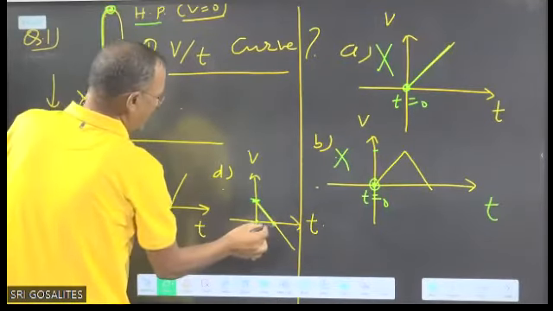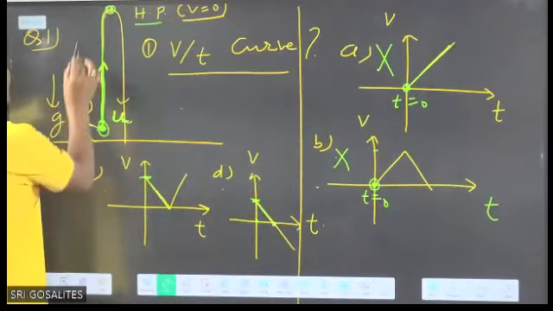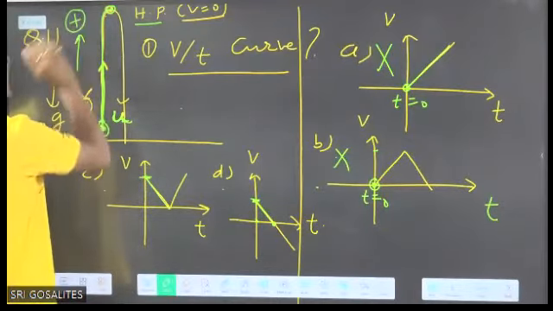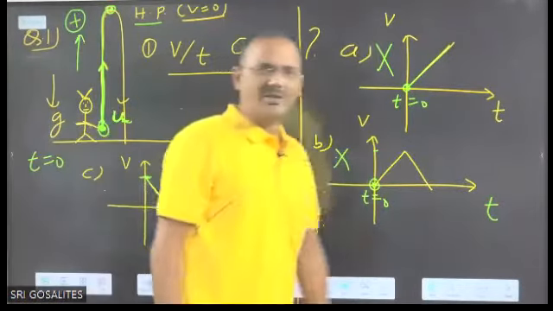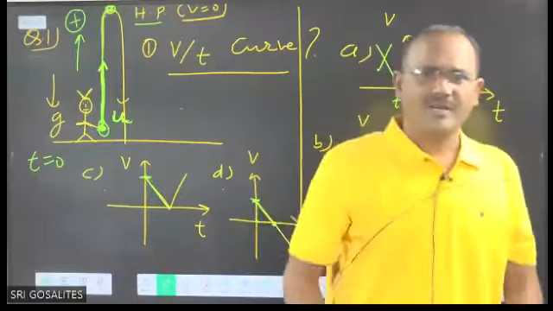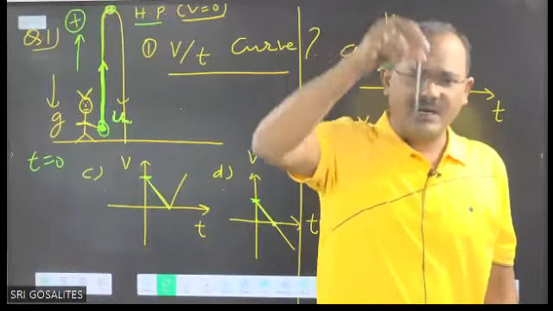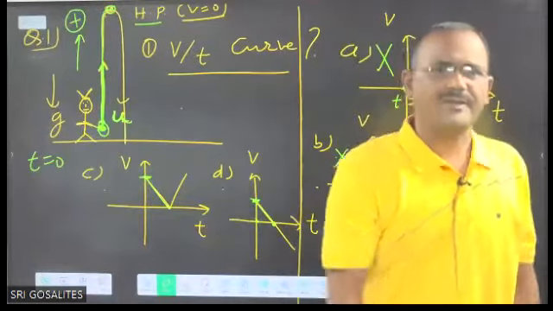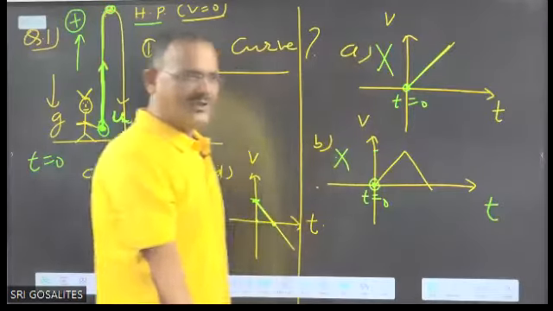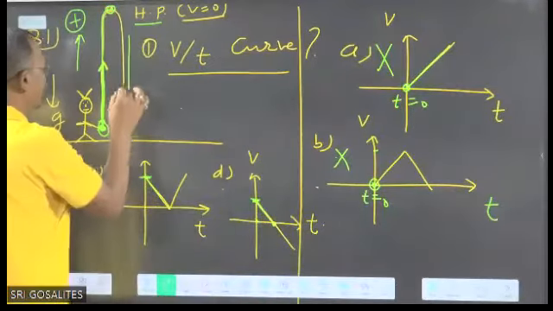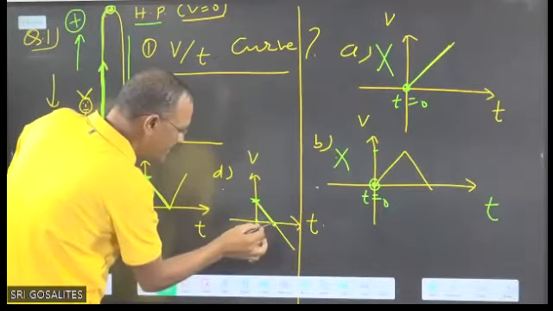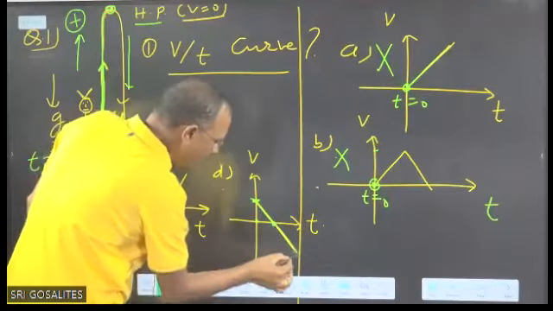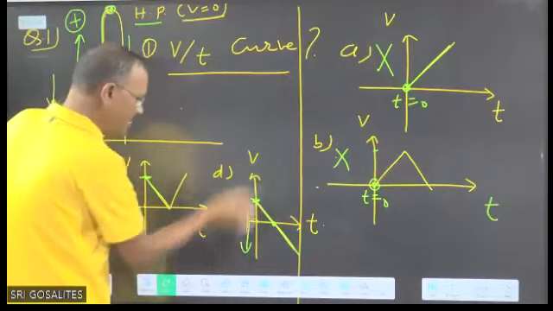Reduces to 0. Now, upward direction is taken as positive because velocity is a vector quantity. But now when it will come down, the direction is negative. Velocity is increasing in the downward direction. So after this, it will keep on increasing, but direction is reverse.